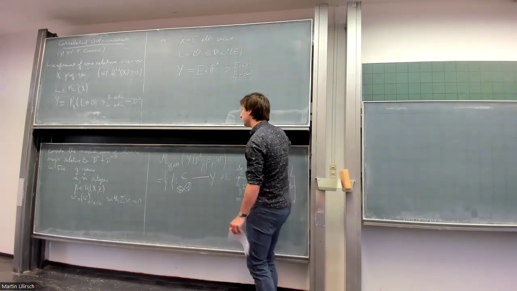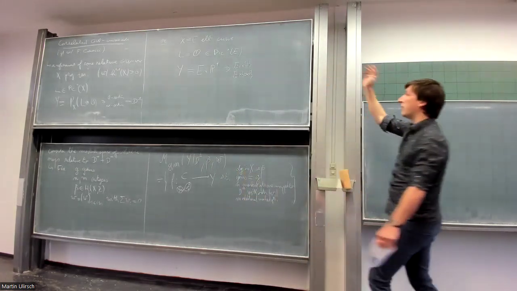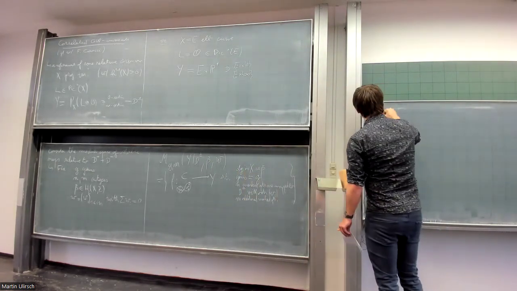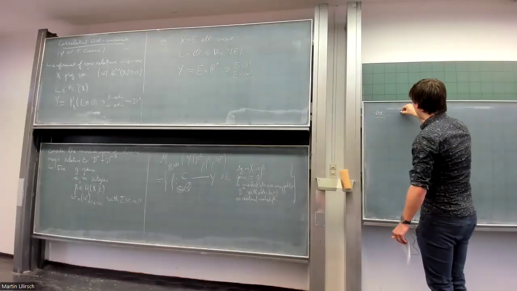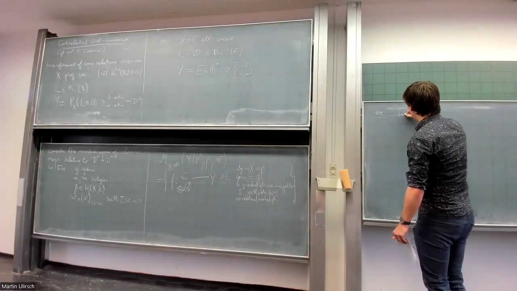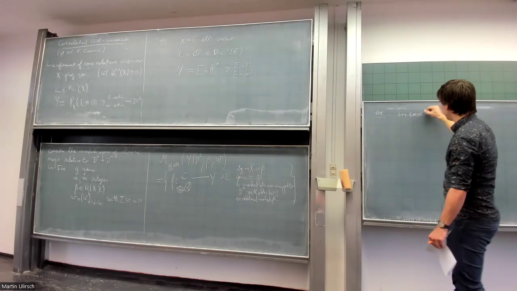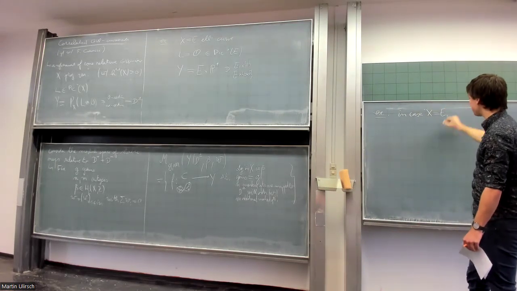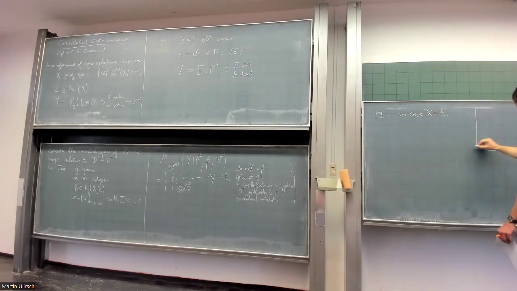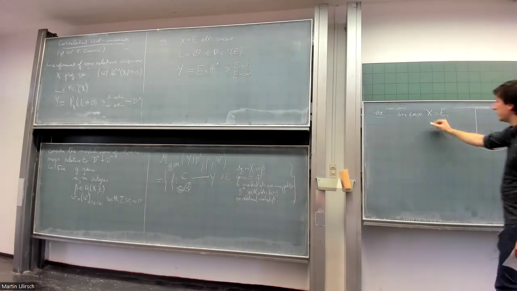So for instance, if I go back to my favorite example, in case X is an elliptic curve, then I may draw my E cross P^1.